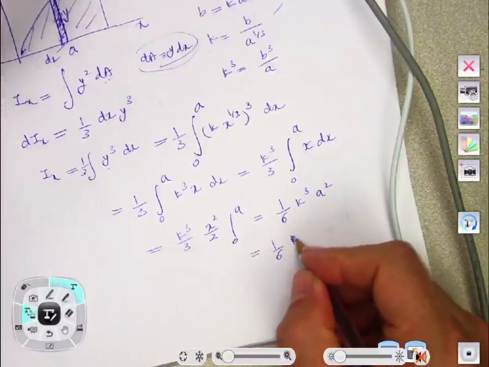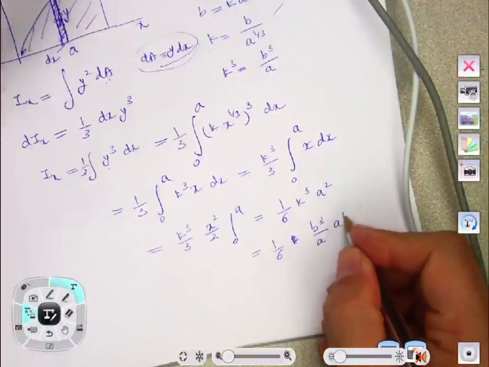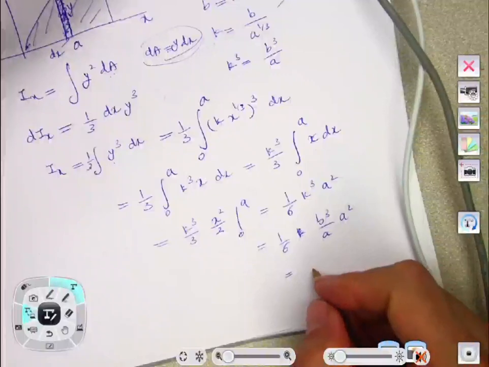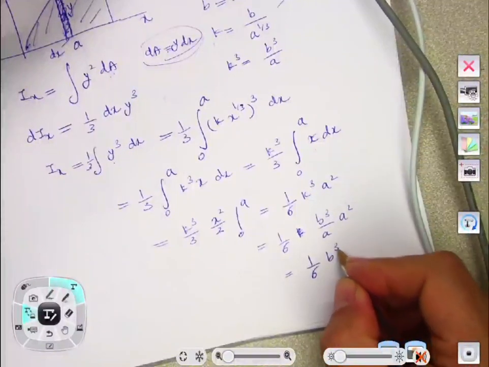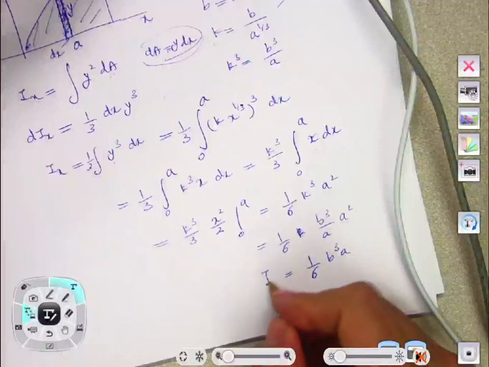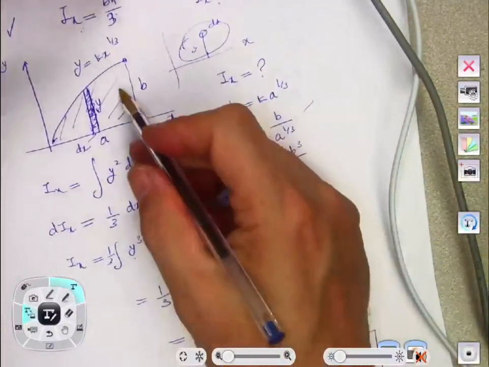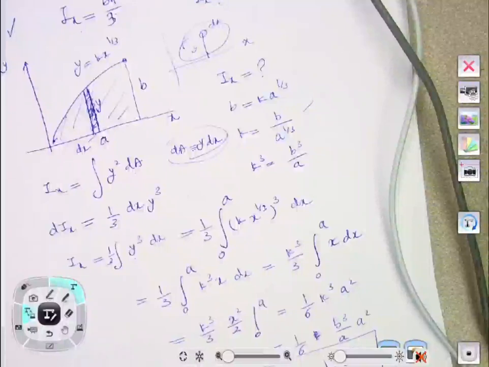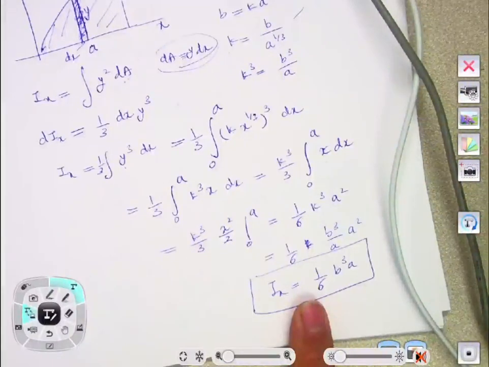So k cubed is b cubed divided by a cubed, and then times a squared, I'm going to get 1/6 of b cubed times a. This is what I found. This is the moment of inertia of this shaded shape about the x-axis.